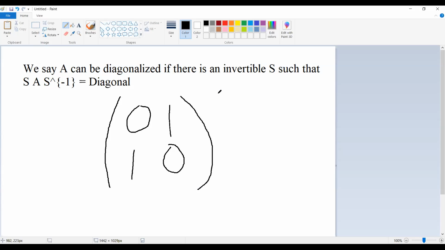You would get lambda squared minus 1 equals 0, right? So we get lambda equals plus or minus 1. So this matrix is diagonalizable.